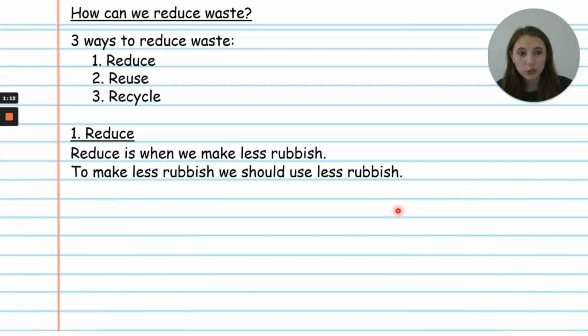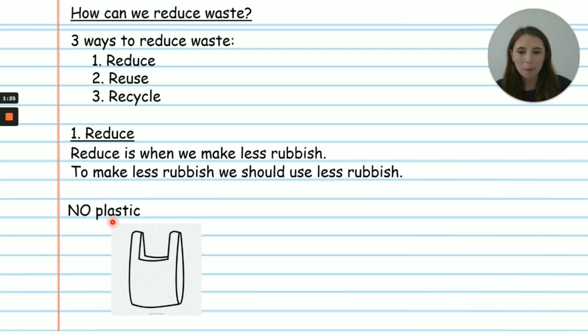So we are going to draw 3 pictures, okay? So we say no to plastic. So no, we don't want plastic. So first draw a picture of a plastic bag.